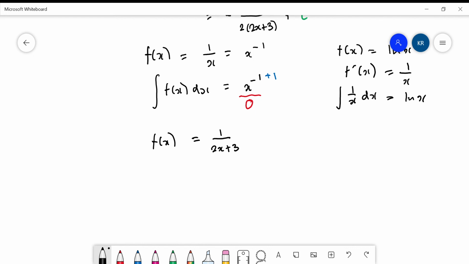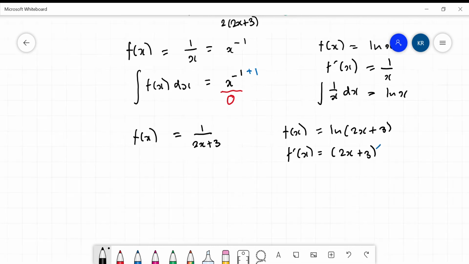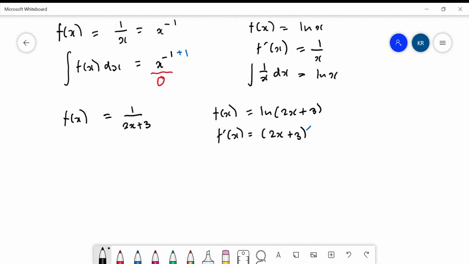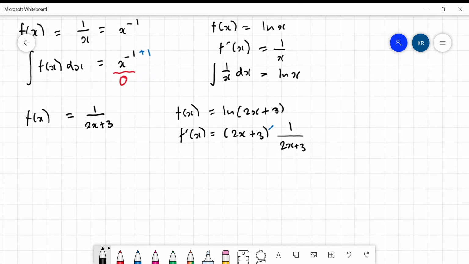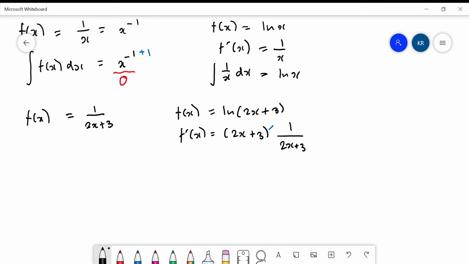So if we differentiate ln of 2x plus 3, we would get, we differentiate what's between the brackets, so we have 2x plus 3 bar, and then you get 1 over 2x plus 3. And then if you differentiate what's between the brackets, it's 2, so 2 over 2x plus 3.